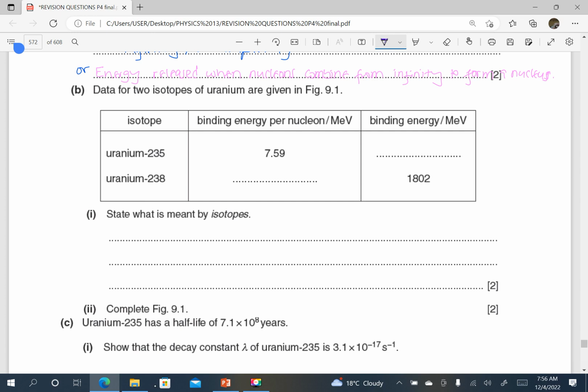These are nuclei having the same number of protons but with different numbers of neutrons.